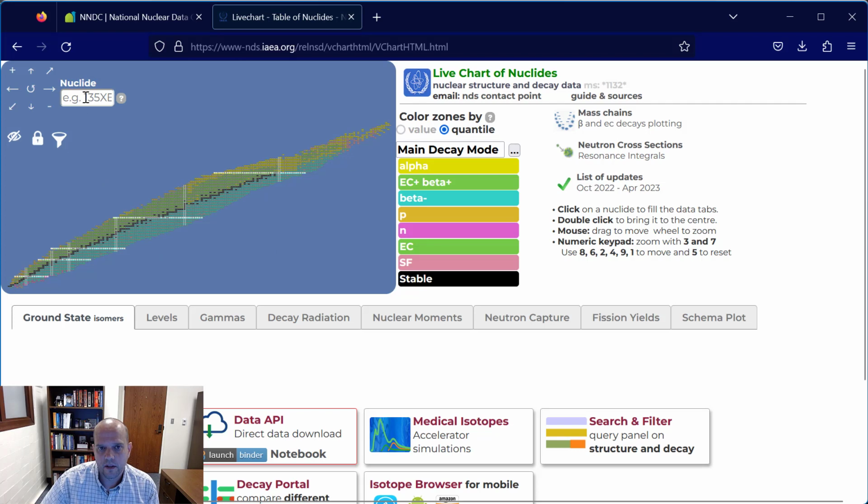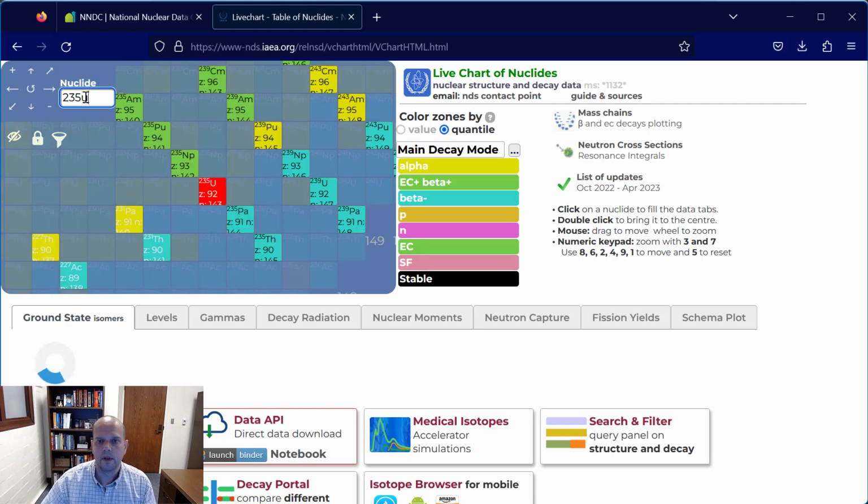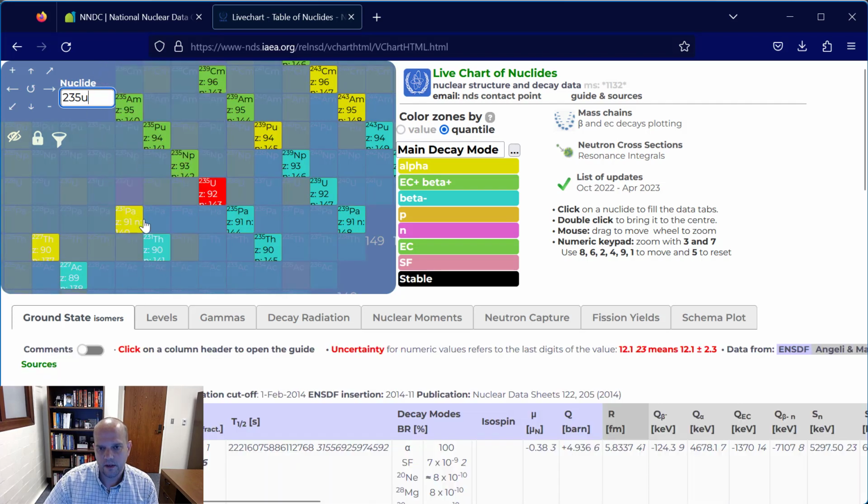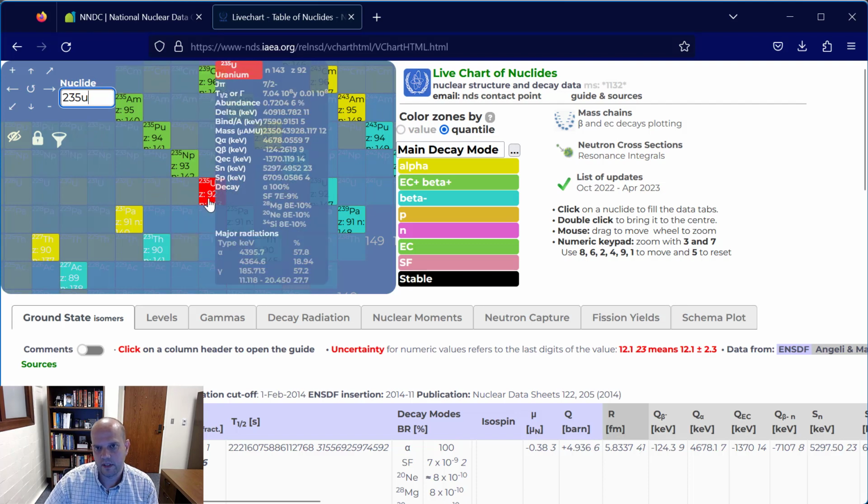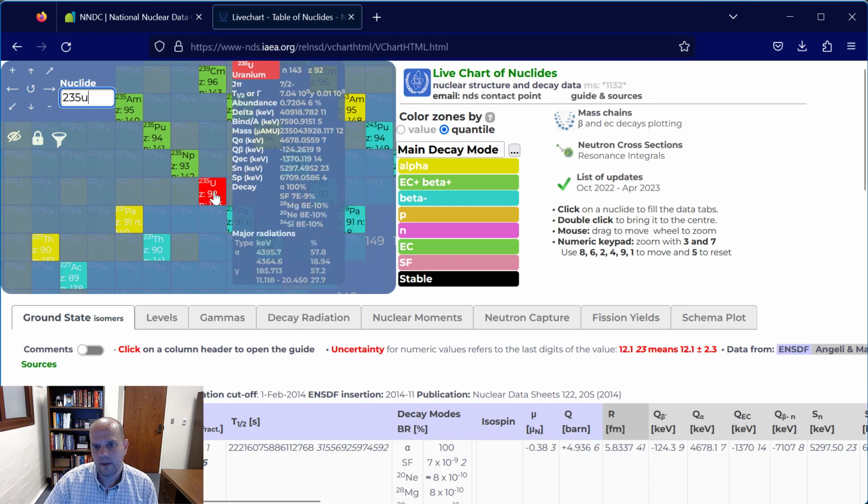And it's a little buggy, but the thing I like about this is if I type in a specific radioisotope that I'm interested in characterizing, so U-235, let's say, then if I hover over this, then I can see the type of decay. The type of decay is going to be alpha decay 100% of the time, and so I'm going to go down 2 and over 2.